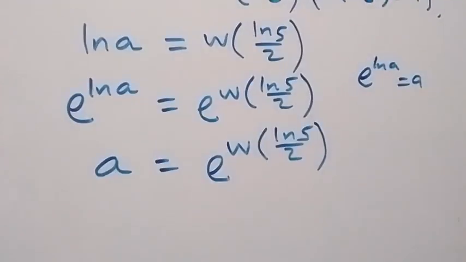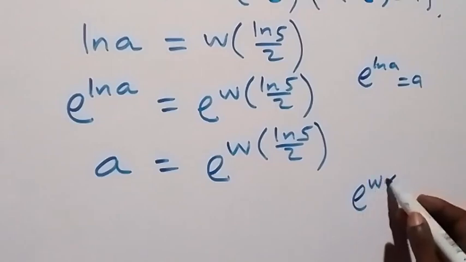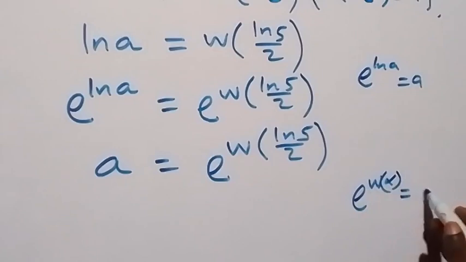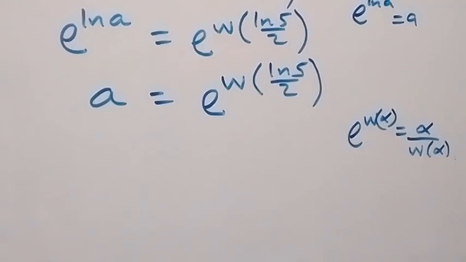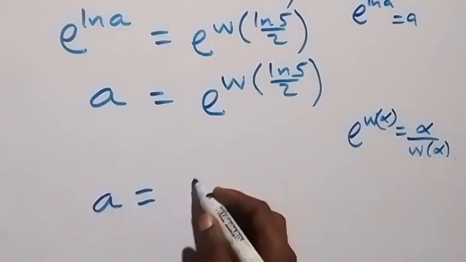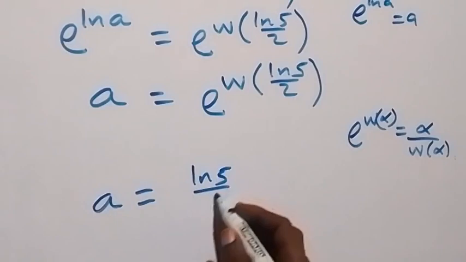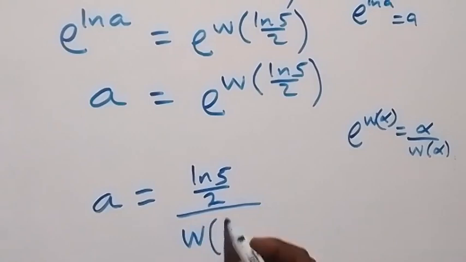Then from here we can also use a relation: e raised to W of alpha will simply give us alpha over W of alpha. So when we use this here, 5 over 2 here is serving as alpha, then this will give us a equals ln 5 over 2, divided by W of ln 5 over 2.